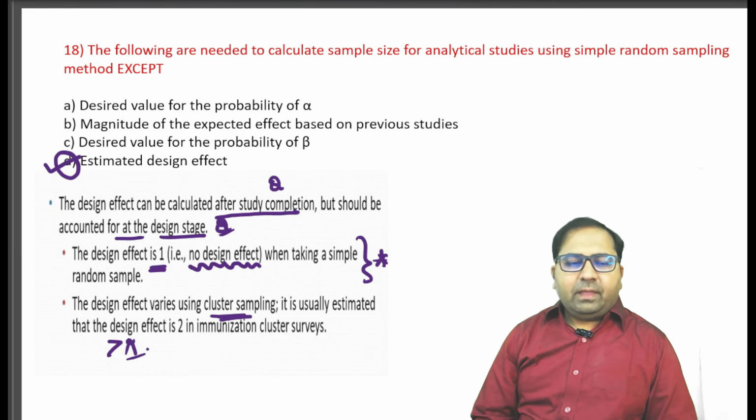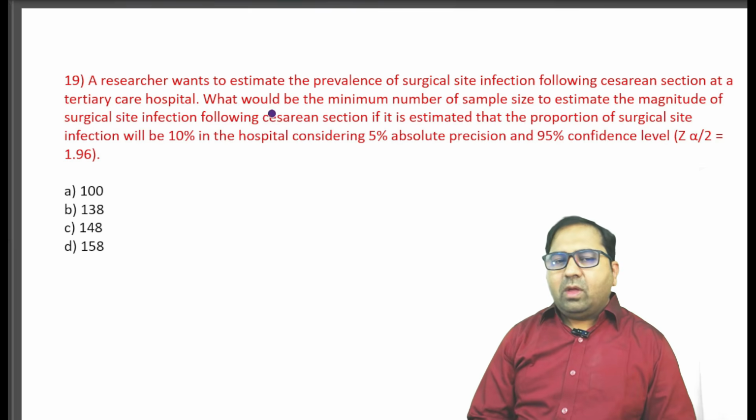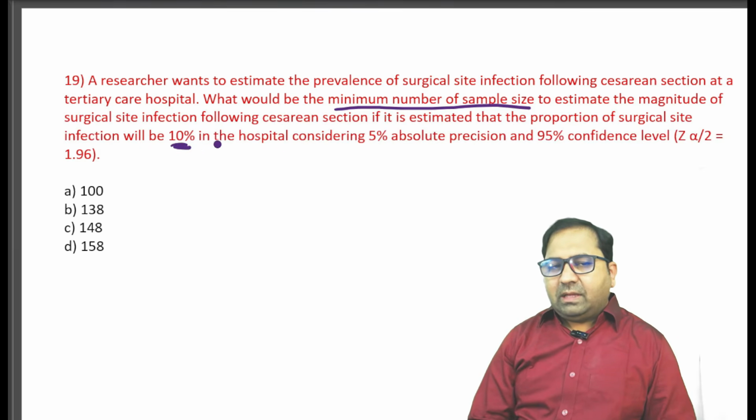Okay, then next question. A researcher wants to estimate the prevalence of surgical site infection following cesarean section at a tertiary care hospital. What would be the minimum sample size? They have asked us to calculate the minimum sample size to estimate the magnitude of surgical site infection following cesarean section, if it is estimated that the proportion of surgical site infection will be 10% in the hospital, considering 5% absolute precision and 95% confidence level.